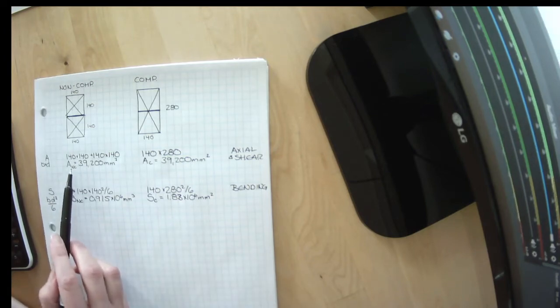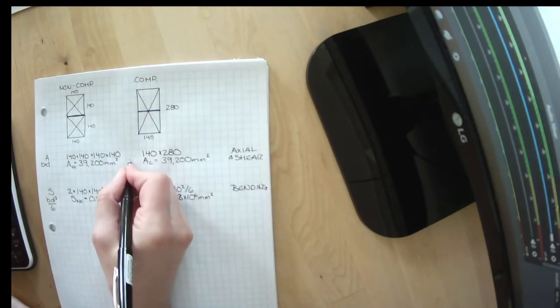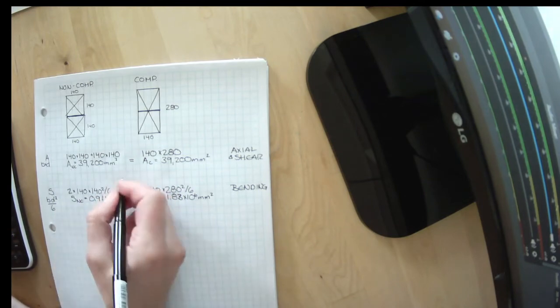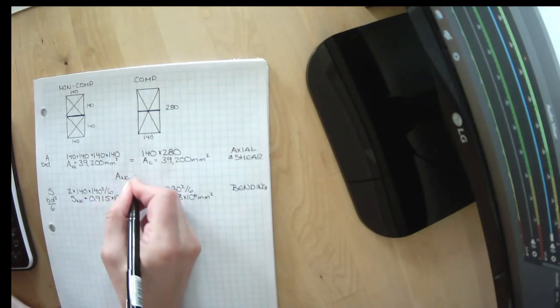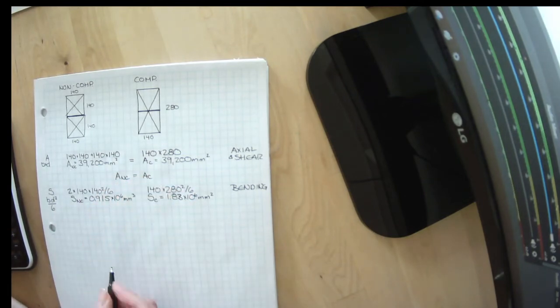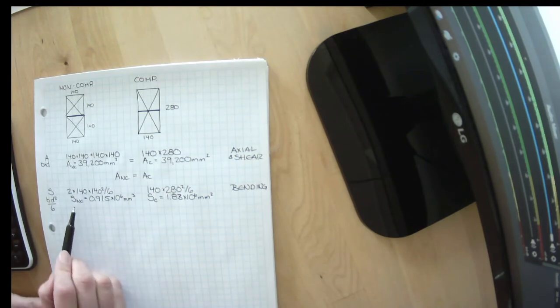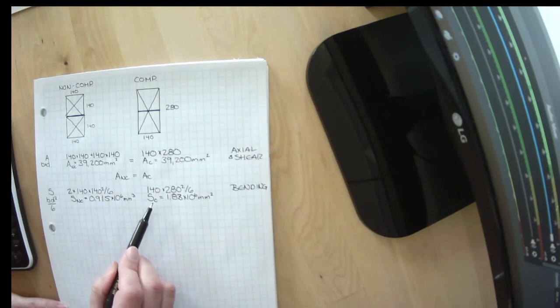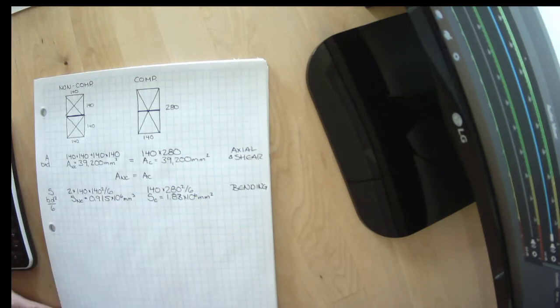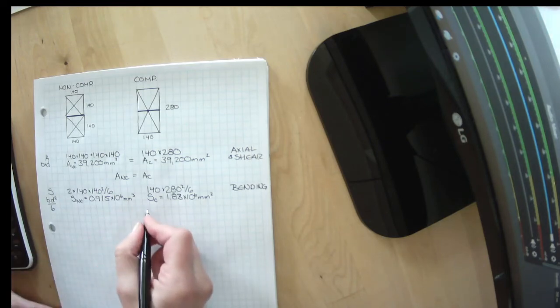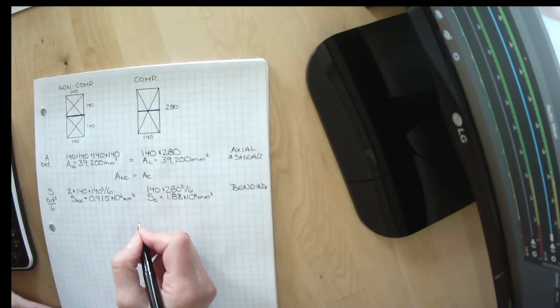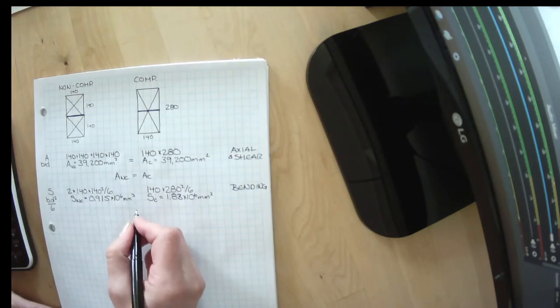So for our area, the area of non-composite equaled the area of composite. For section modulus, we have the non-composite versus the composite. I just want to write this the right way.